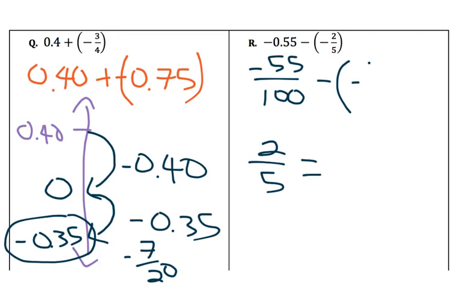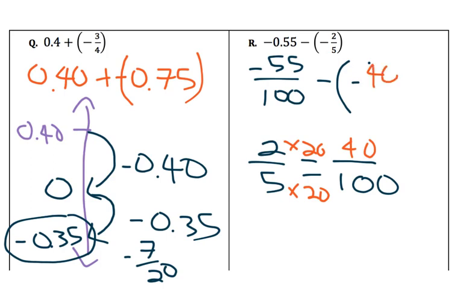So I just got to figure out 2/5 in hundredths. I know that 5 times 2 is 10, so that means that 5 times 20 is 100, and 2 times 20 is 40. So that means I can rewrite -2/5 as -40 hundredths.